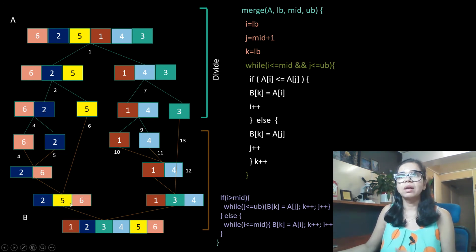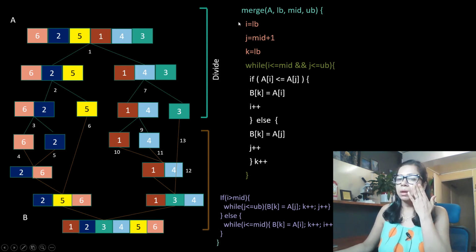And this is where we began our first demo, where we started merging these two sublists into a sorted sublist. And if you remember, we just compared each element at a time and started filling in the new array in a sorted order.